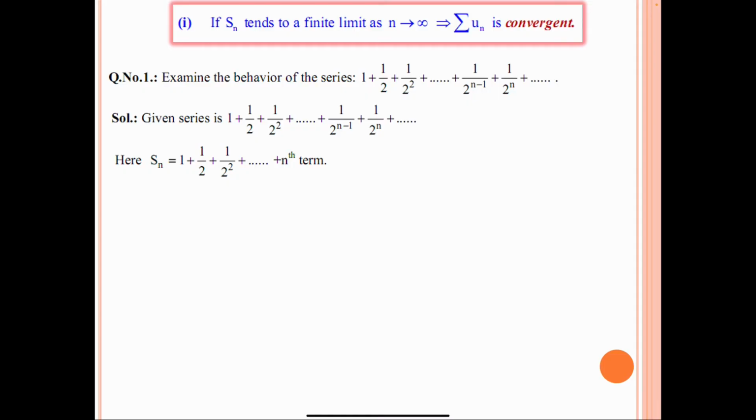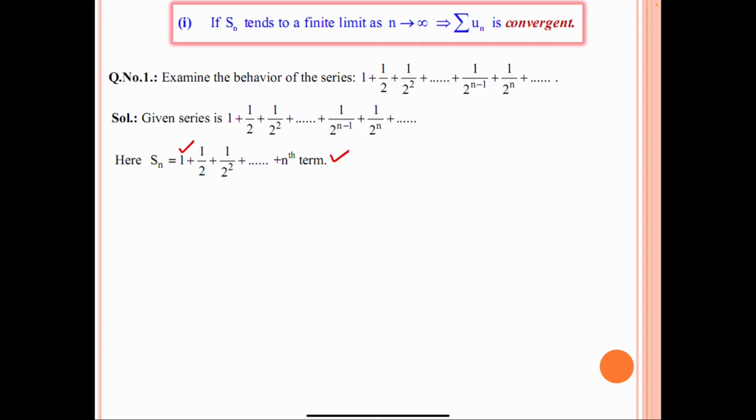Clear? Now see, clearly the right expression is a geometric progression whose first term is 1. And the common ratio is 1 by 2.